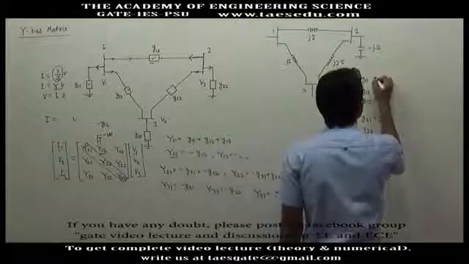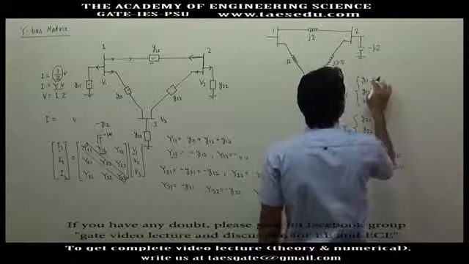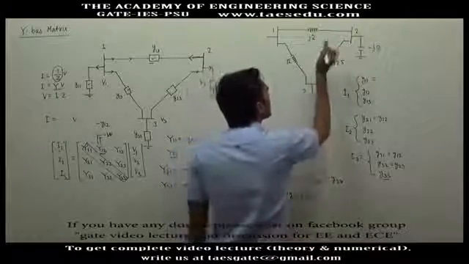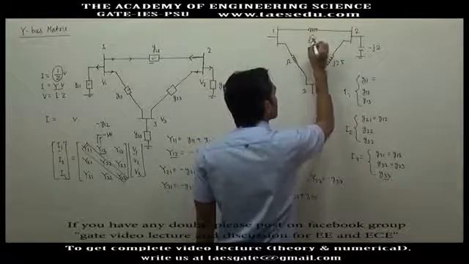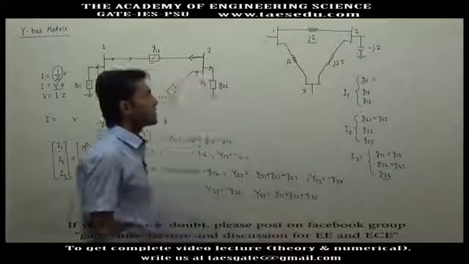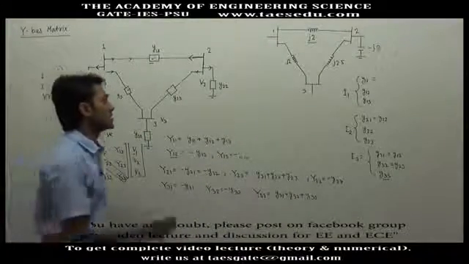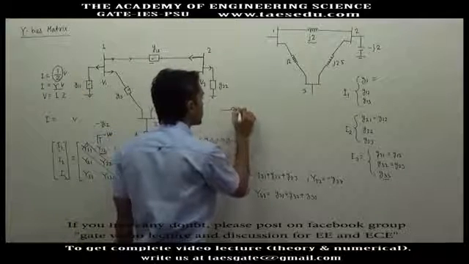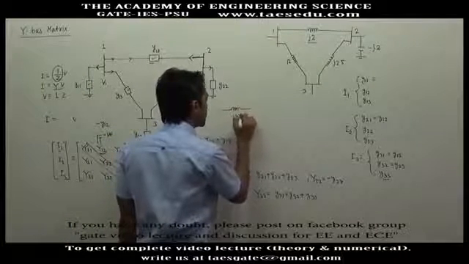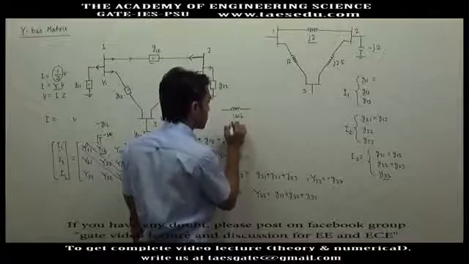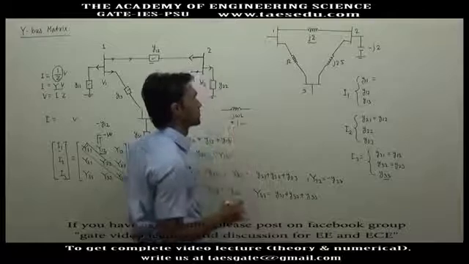So what is y11? Here you have an inductor, and this is a positive quantity. Whether it is impedance or admittance, for an inductor the impedance is j omega L. So impedance will always be positive j and some magnitude.